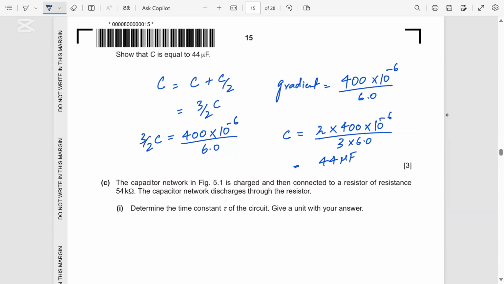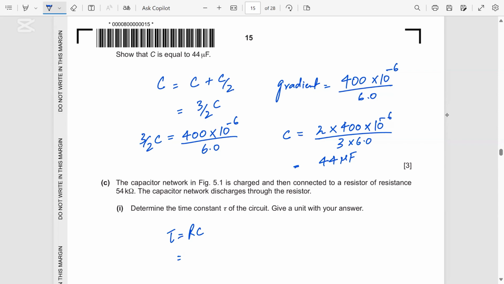The capacitor network in 5.1 is charged and then connected to a resistor of resistance 54 kilo ohms. The capacitor network discharges through the resistor. Determine the time constant of the circuit and give a unit with your answer. You know very well the time constant tau is equivalent to RC, where R is the resistance and C is the capacitance of the entire network.